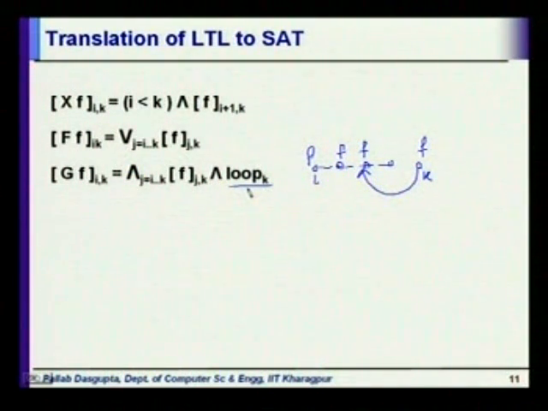Now is that a correct thing to do? It is correct, because this state is always going to be in the loop. If you have a loop, then this one will definitely be in the loop. You cannot say about this one being in the loop. This may not be in the loop, but this one will definitely be in the loop, right. So it's going to be something like this. This is how the infinite path is going to go, right. So it's safe to say that I want to look at the loop clauses with anchor at k.